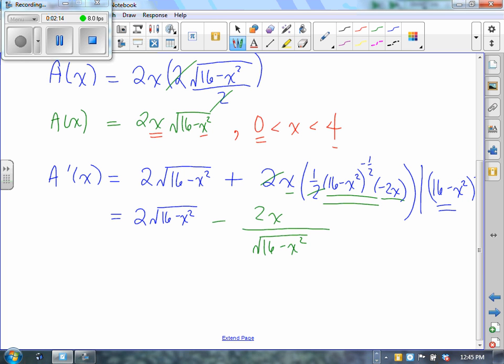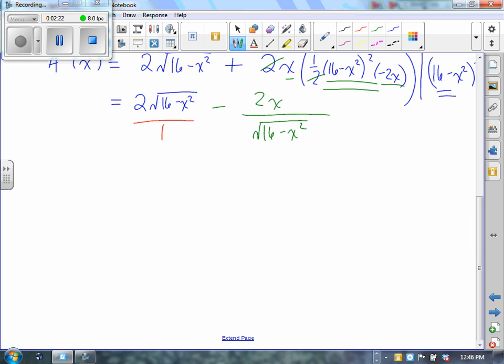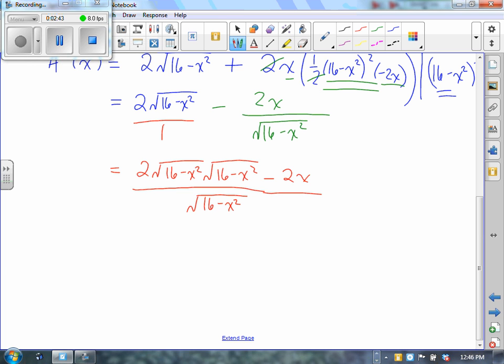Moving forward, what we'll do is get a common denominator such that we can bring these two fractions together. So that means that up top here, we're going to need a second radical term of root 16 minus x squared, all over a particular common denominator. No change to the 2x term.